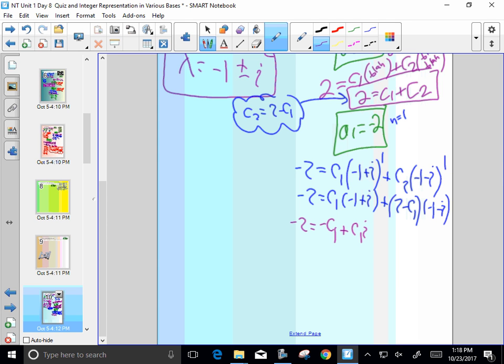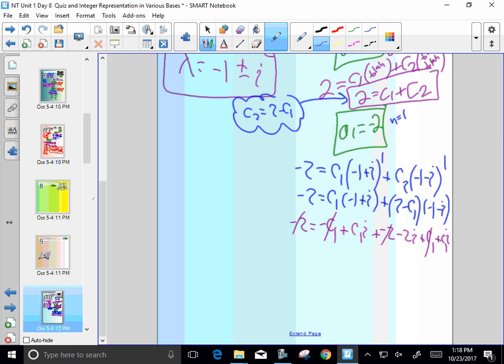Then this one's going to be a little nastier. 2 times negative 1 is negative 2, and then 2 times negative i gives negative 2i, plus C1 plus C1 times i. Now something should cancel. The negative 2's will cancel, and thank you.